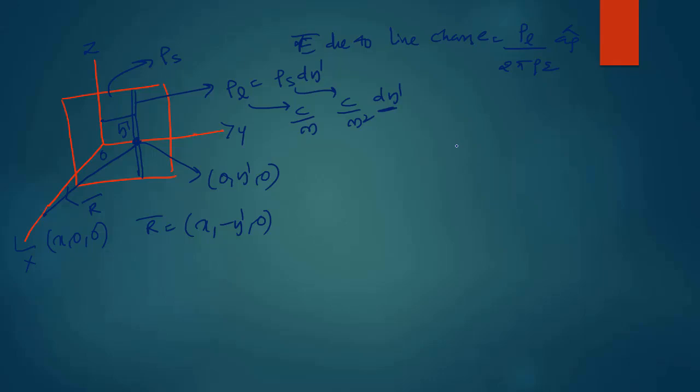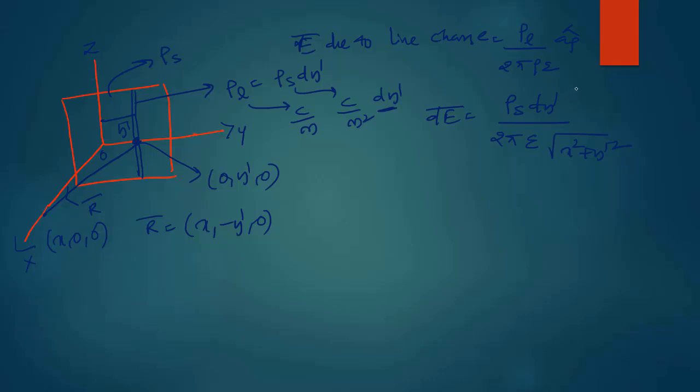Okay, now we'll continue. So the differential electric field is equal to rho s dy dash, this is what I have written instead of rho l, by 2 pi epsilon. What is the perpendicular distance here? Perpendicular distance is square root of x square plus y dash square. And a rho cap is rho by magnitude of rho.